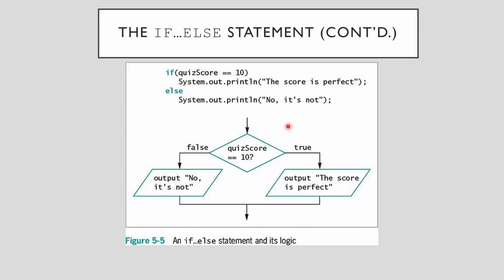This example is not using multiple statements, meaning there is only one statement under the if statement, so the curly braces are not needed. And there's only one statement under the else statement, so you don't need to put curly braces.